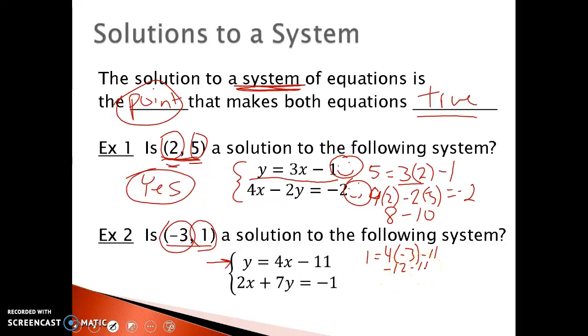Negative 12 minus 11 is the same thing as negative 12 plus negative 11. Well, that's negative 23. That's not 1. So it doesn't make this equation true. And so we don't even need to check the other one. It doesn't make this equation true, so it's not going to make both equations true. So the answer here is no. The point (-3, 1) is not a solution to this system.